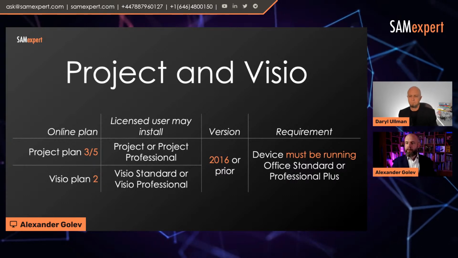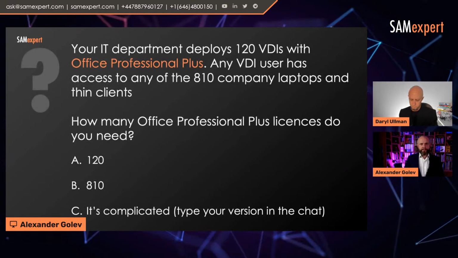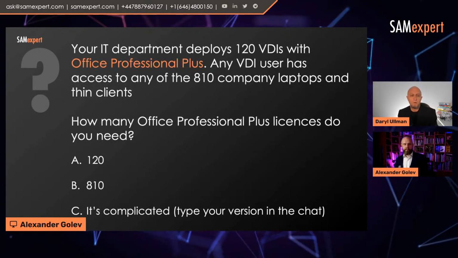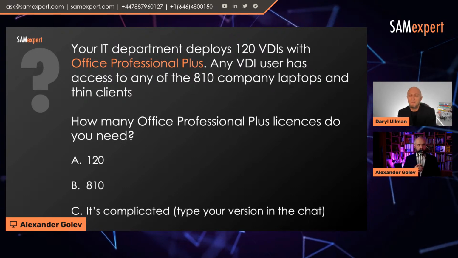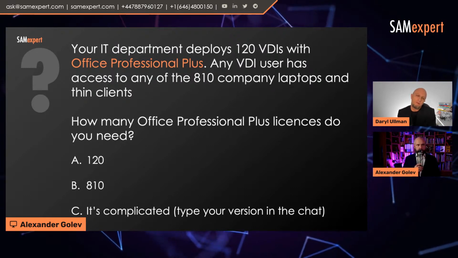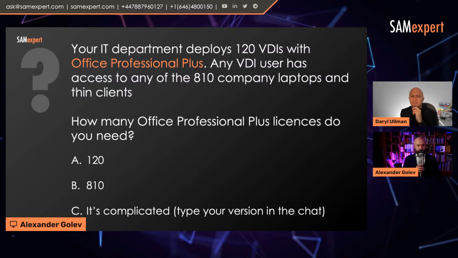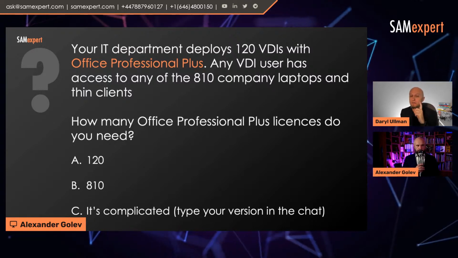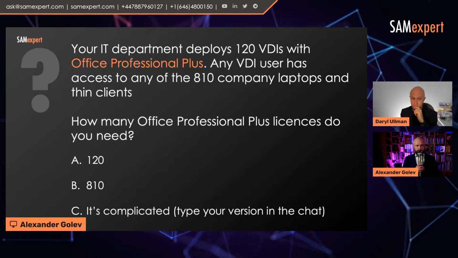Daryl, would you like to pick this one? Yeah, absolutely. So your IT department deploys 120 VDIs with Office Professional Plus. Any VDI user has access to any of the 810 company laptops and thin clients.